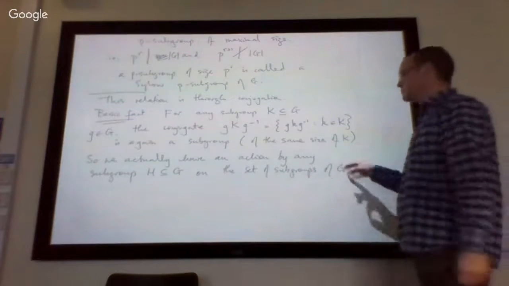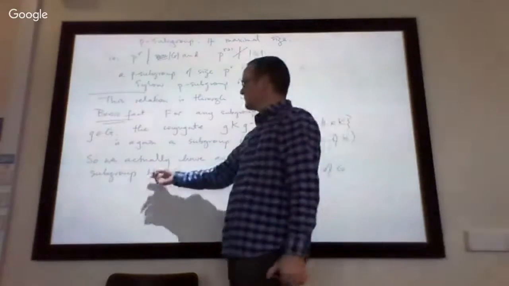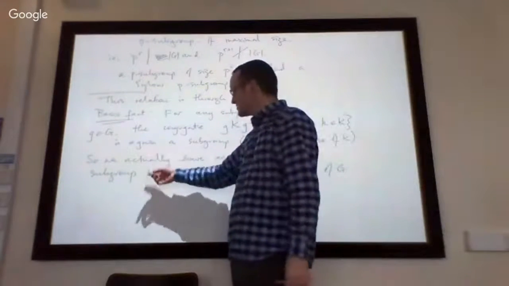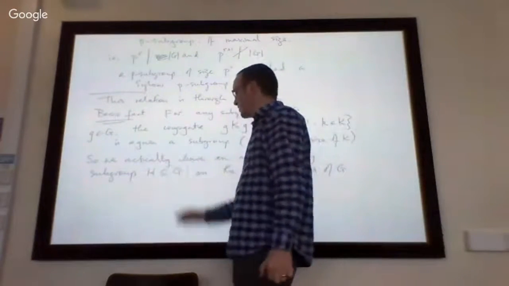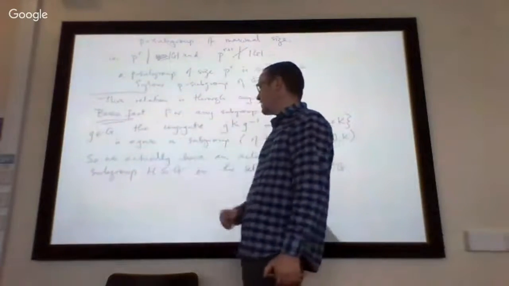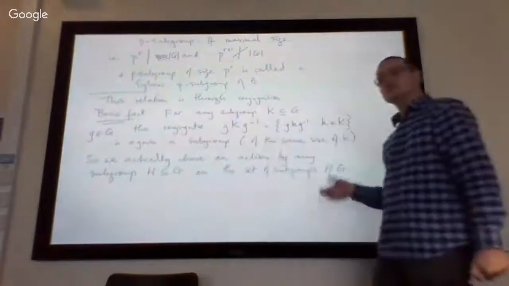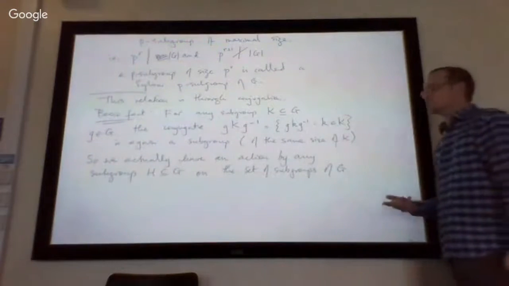So you can have a set of subgroups of G. For any subgroup of G, or typically G itself, you get an action of G on its own set of subgroups.